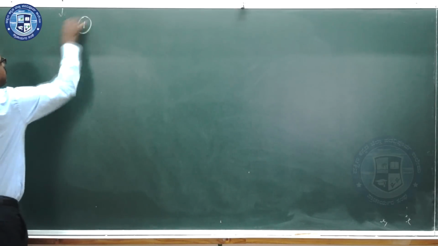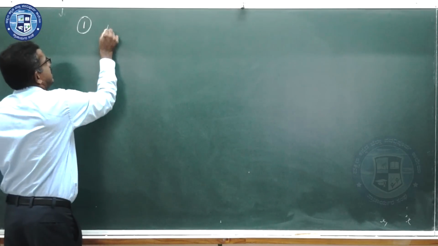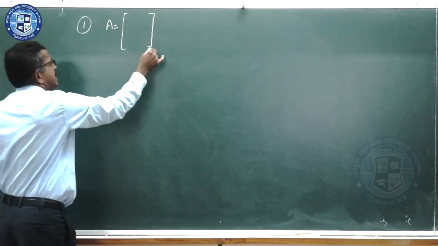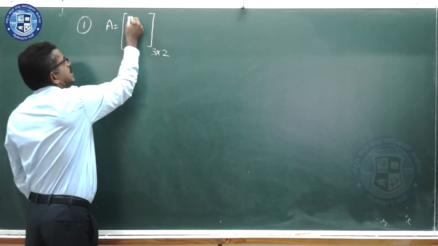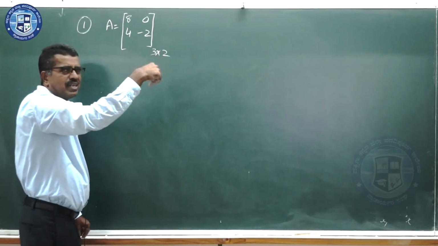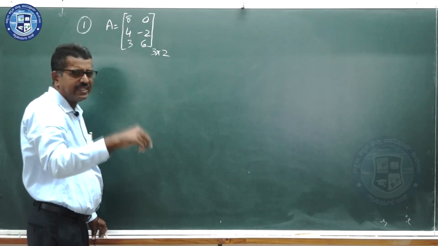Problem number 1. Let me take 2 matrices here. One is A, a matrix of order 3 cross 2. The elements of that matrix are 8, 0, 4, minus 2, and the third row is 3, 6. This is given as it is in the NCERT book.